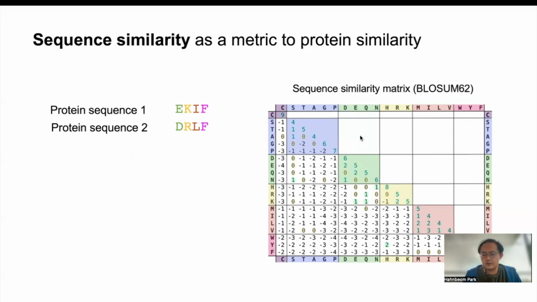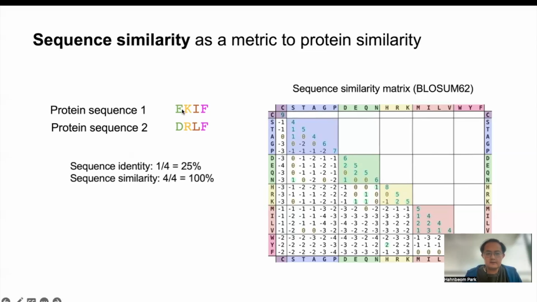If they belong to the same group here, you can consider them as similar, although they are not identical. Based on this rule, you can say these are only 25% identical, but 100% similar. So we're going to use the similarity metric for comparing between sequences and to classify proteins.